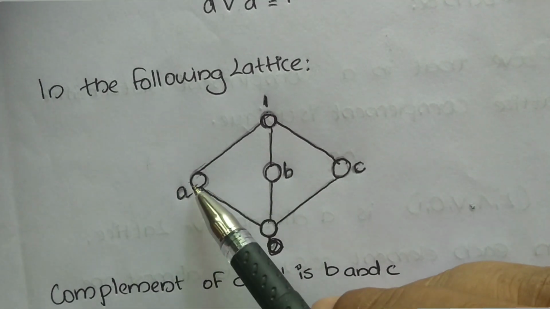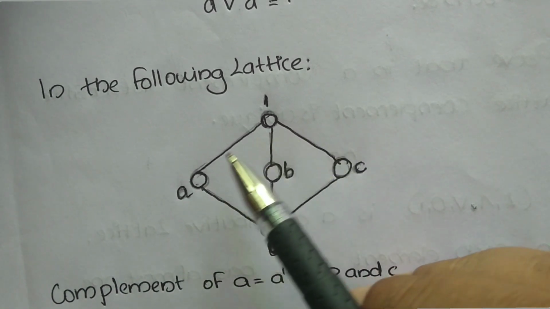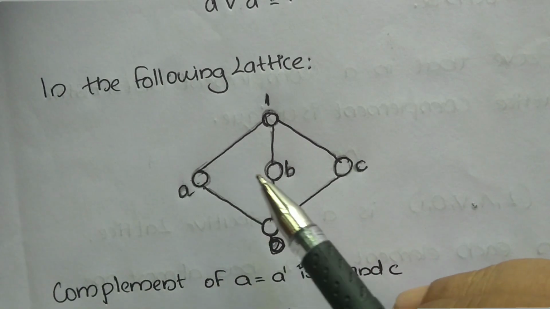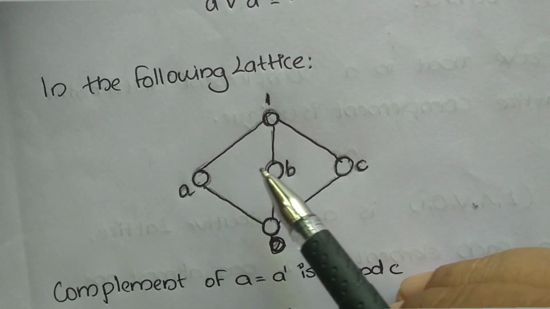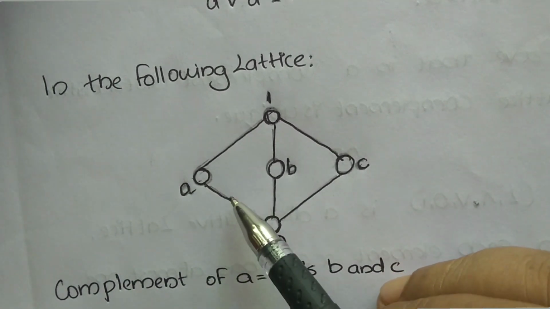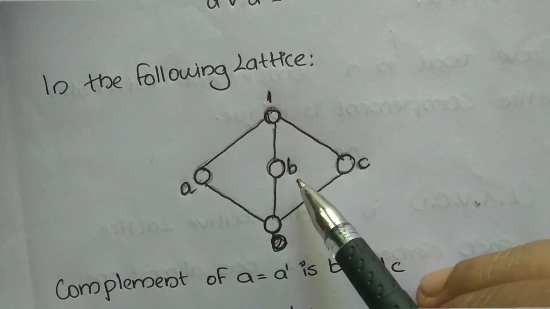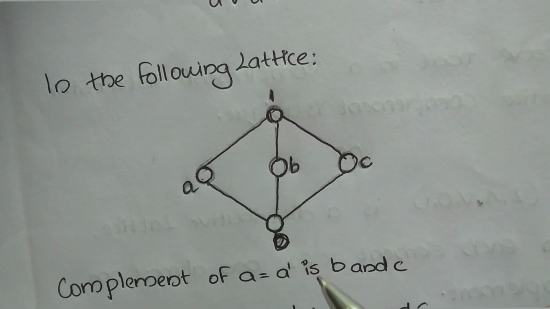Therefore, A is a complement of C and C is a complement of A. Also, B is a complement of A and A is a complement of B. That is, some element may have more than one complement.